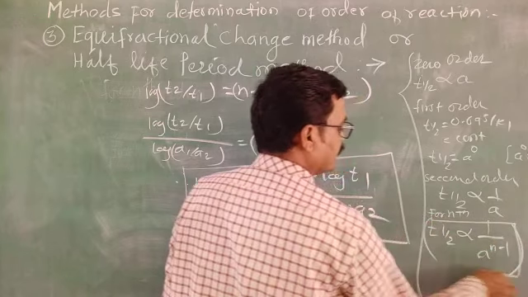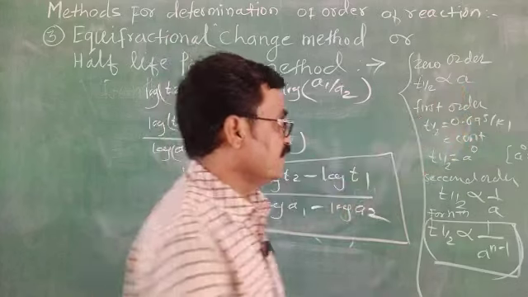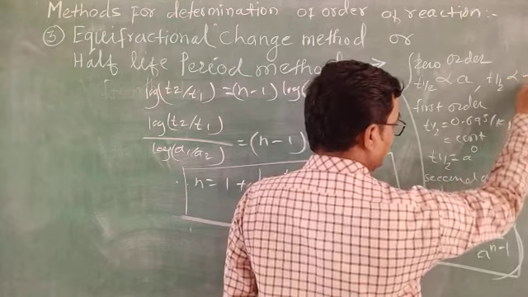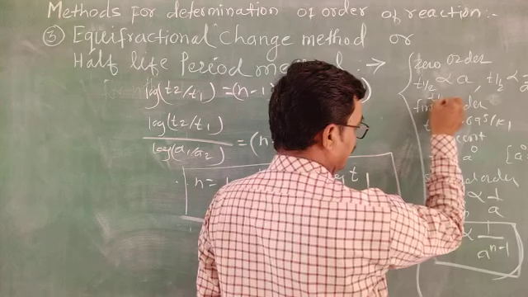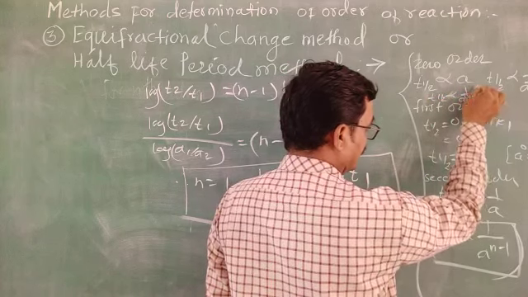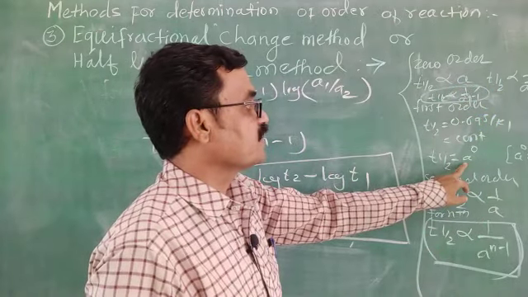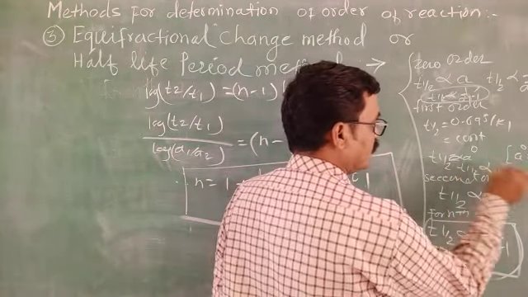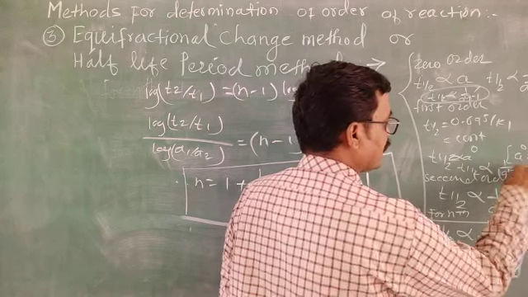n minus 1. Okay, we generalized this. Look, we can write it like this: T half is proportional to 1 upon a raised to power minus 1. After this, T half is proportional to 1 upon a raised to power 0 minus 1. Similarly, for first order, T half is proportional to 1 upon a raised to power 1 minus 1.